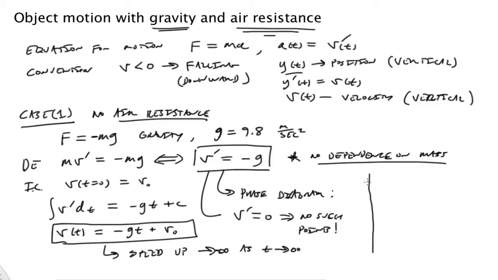The derivative of velocity is always a negative number, there are no equilibrium points, and so it just goes down forever. Okay, so that's a really simple phase diagram.